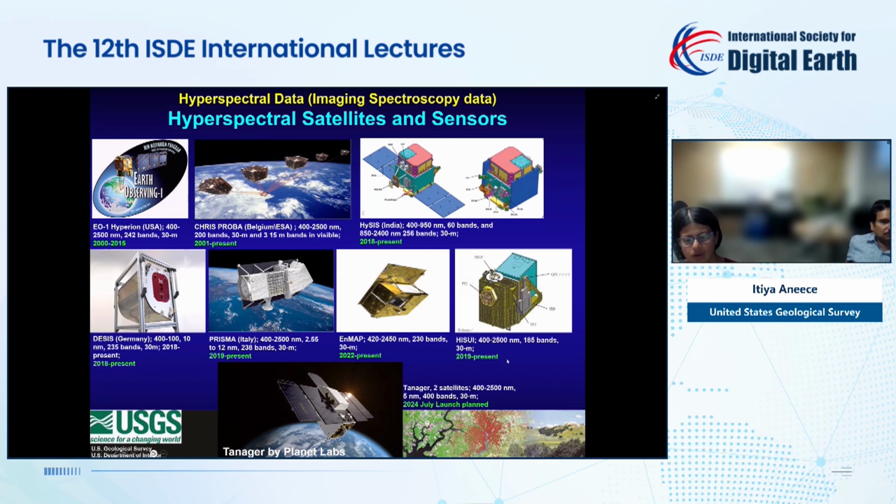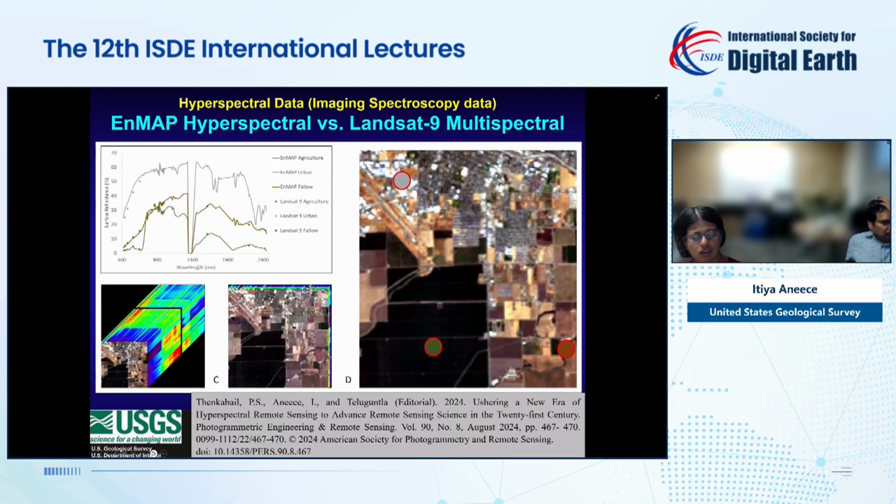So one reason to use hyperspectral data is because these signatures that you get from hyperspectral data, like you see the green signature here from NMAP, can tell you a lot of information that multispectral data might not be able to provide. The multispectral Landsat data are shown here in the dots along that spectral profile.